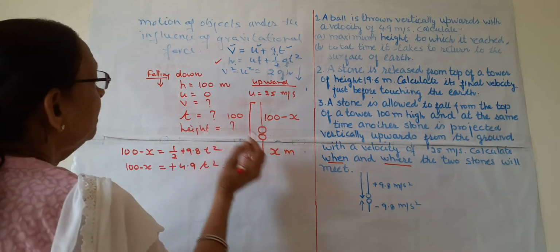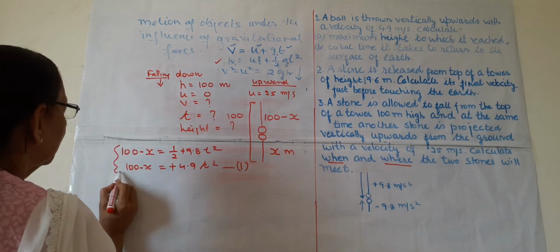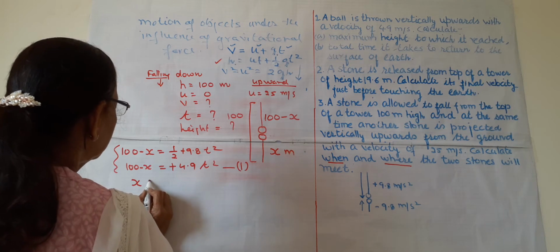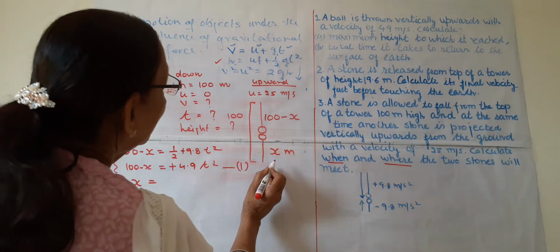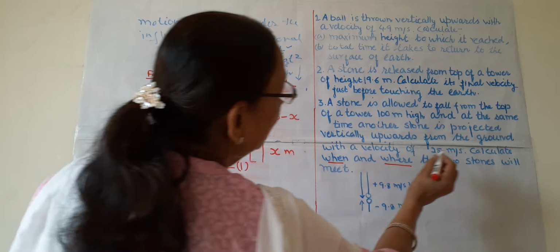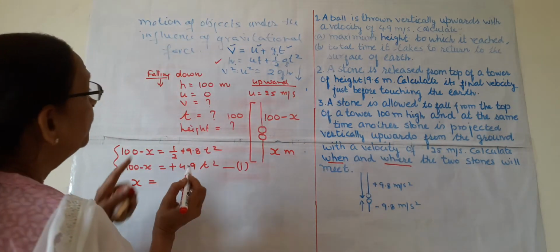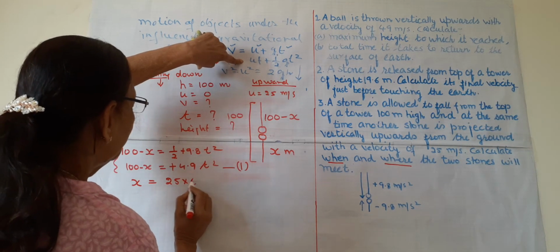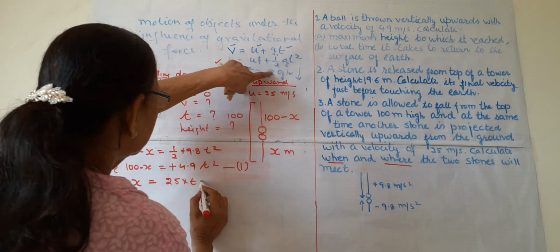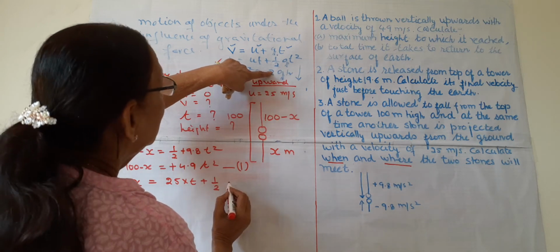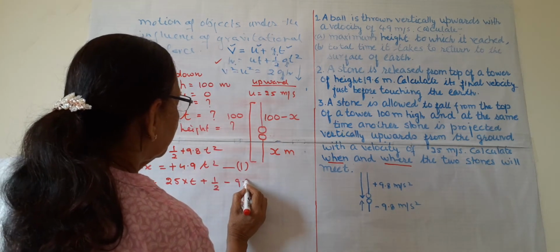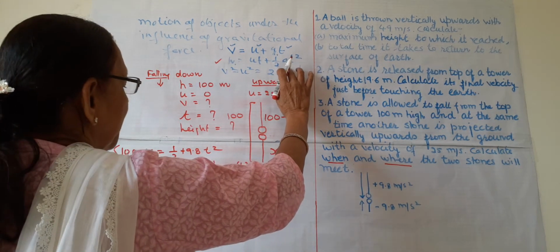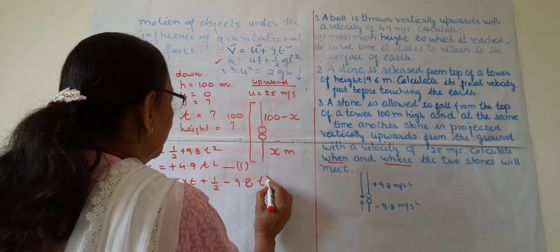For the second case, which is going upward, the height is x. How much is u here? 25. 25 is u. So in this equation, 25 into t plus half g, where g is minus 9.8 because it is going up, into t square.